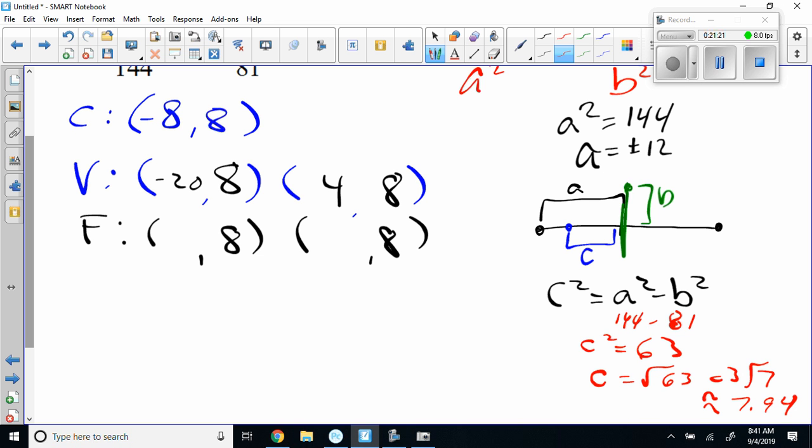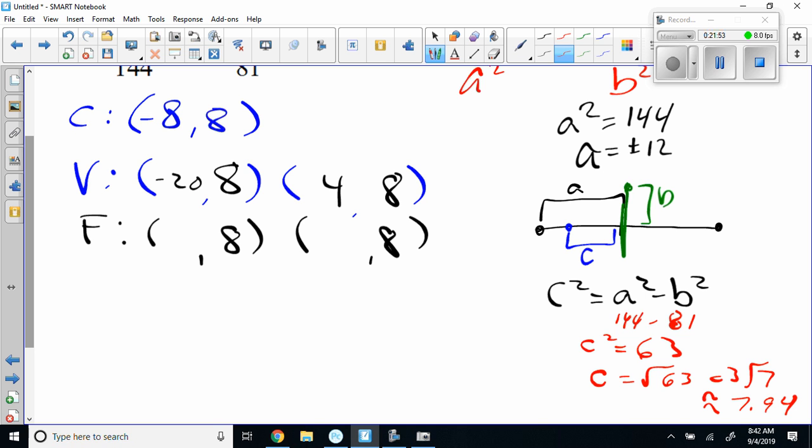Oh my. How we do that? Where are we at? We're at -8, right? What's -8 minus 7.94? No. -8 minus 7.94.